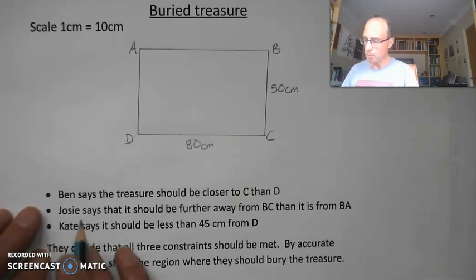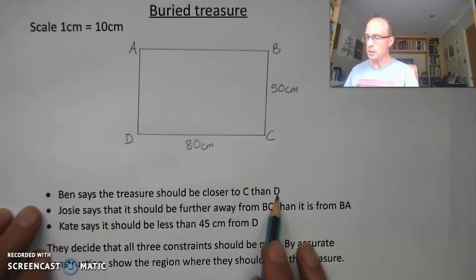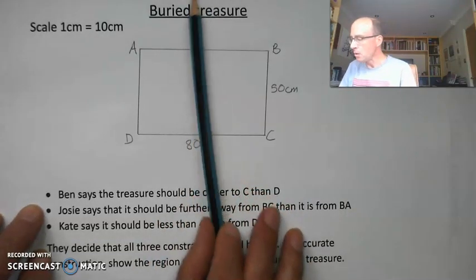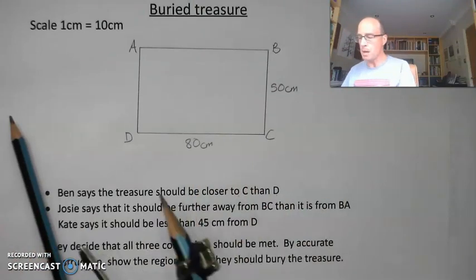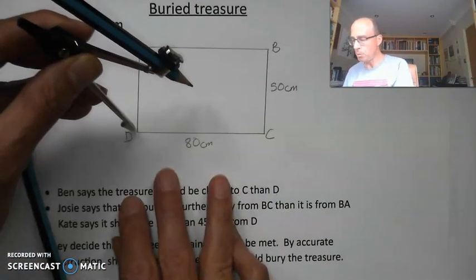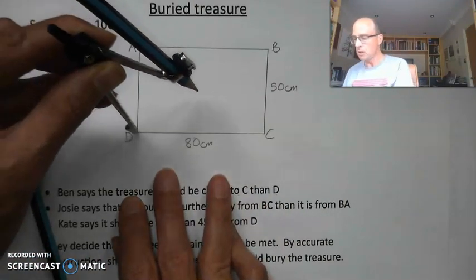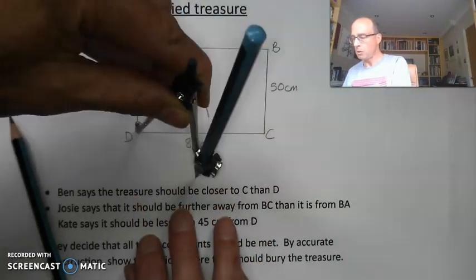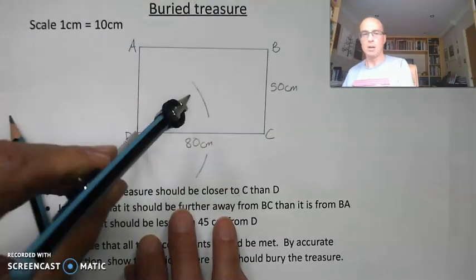So first of all, Ben wants the treasure to be closer to C than D. So remember we were looking for that perpendicular bisector. I've got my compass at the moment set at 4.5 centimetres. So I'm going to draw an arc above, and I'm going to draw one below my line.